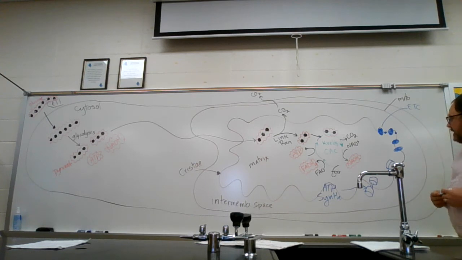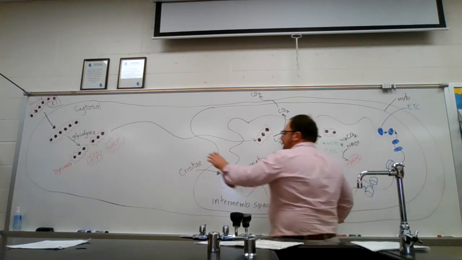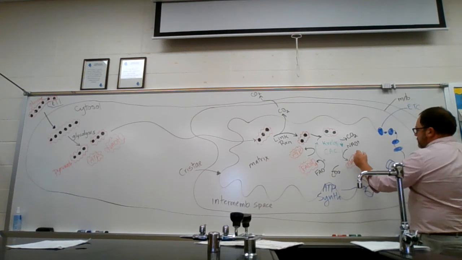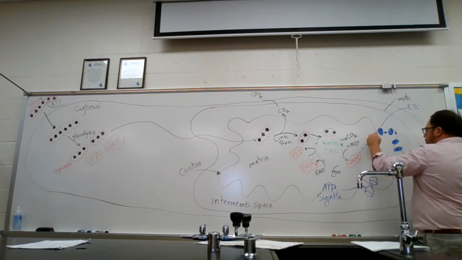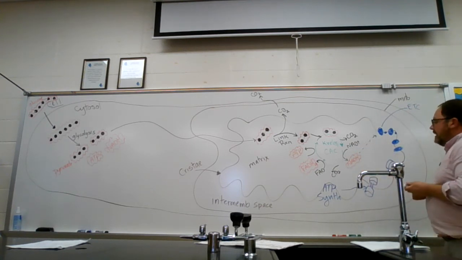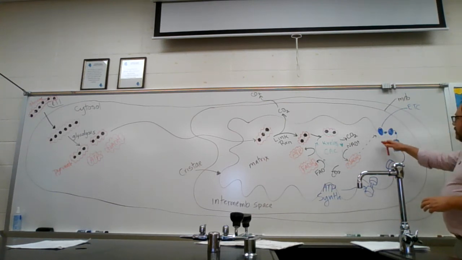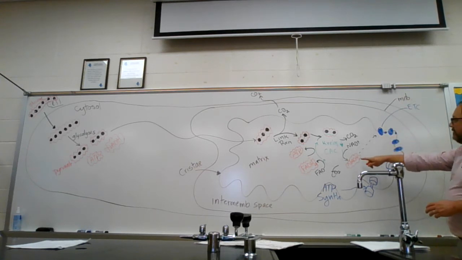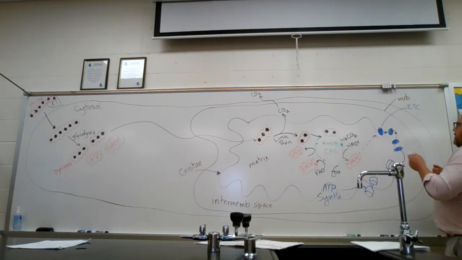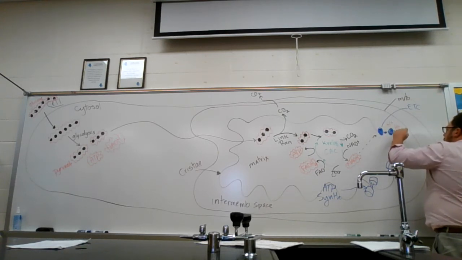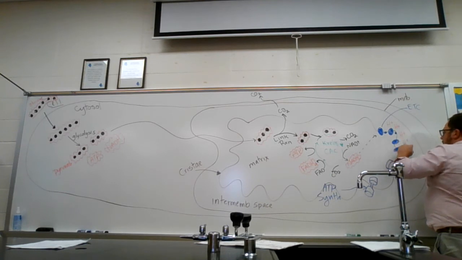All right, so now what's going to happen is NADH, FADH2, they're going to carry their electrons to the electron transport chain. Now, a couple of important things happen. First, protons are removed from NADH and FADH2 and then put in this intermembrane space. So now we're creating a gradient. We're concentrating protons in this space.